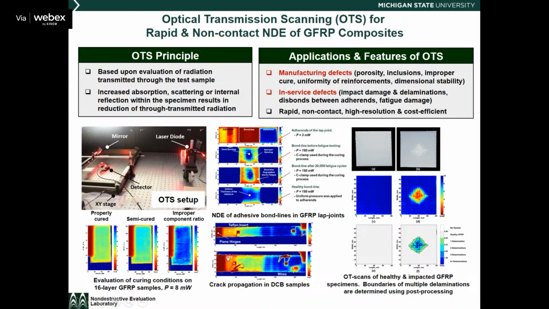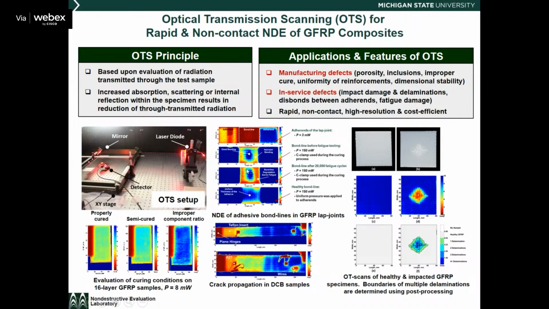For the OTS measurement, you can have a nice image of this GFRP and try to monitor the damage progression or growth over time. And those small patches here, and I don't know if you can see that, those are the PZT piezoelectric sensors, where we can measure the ultrasonic response simultaneously.